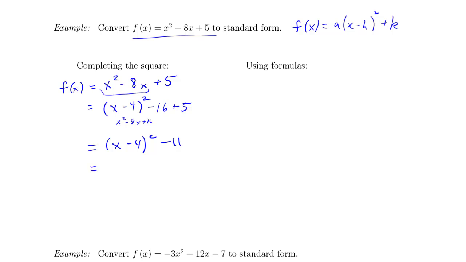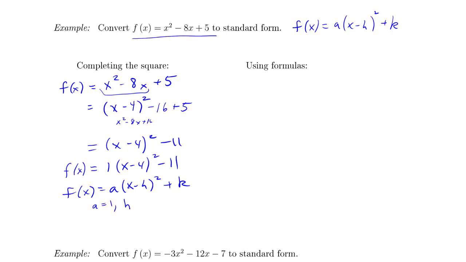Or if we want to think about it with the 1 in front of there, which we normally wouldn't write, but just to be clear, this is f of x equals a times (x minus h) squared plus k, and I could see, well, we already knew a was 1, and I see that h is 4 and k is negative 11.